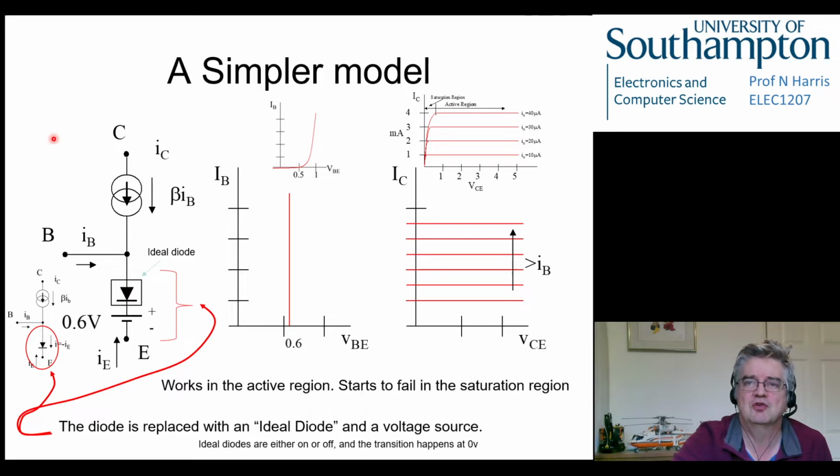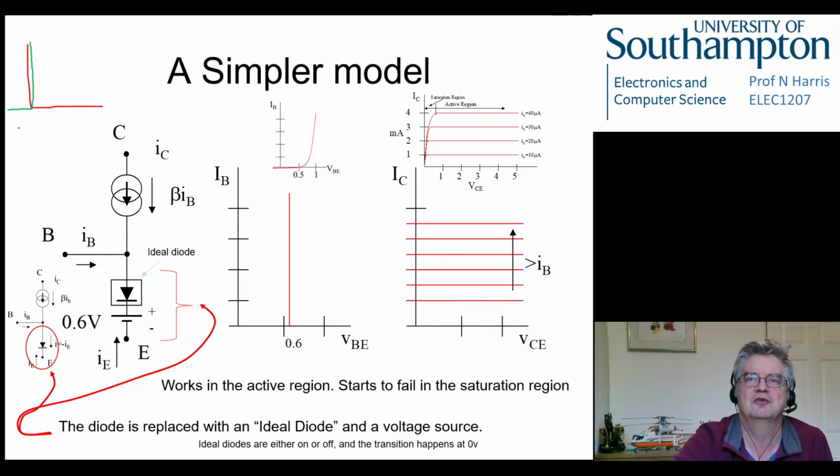So its transfer characteristic looks, let me draw a pen on here. I'm going to change colour otherwise you won't be able to see it. It will look like off down here, and then when it gets to 0 it goes on completely.